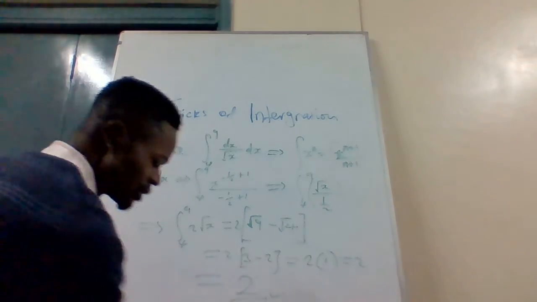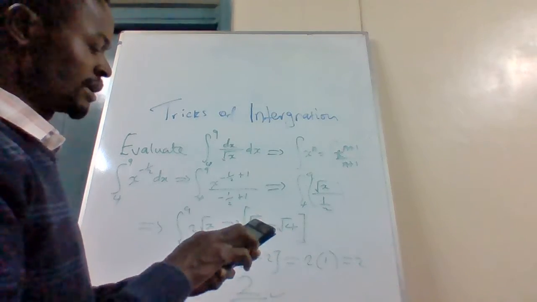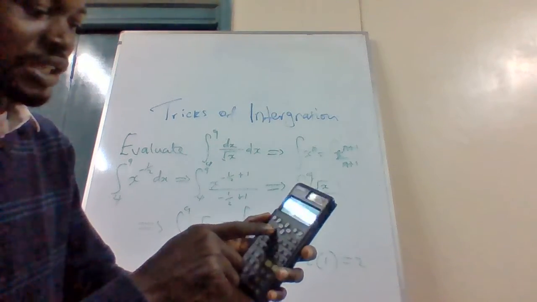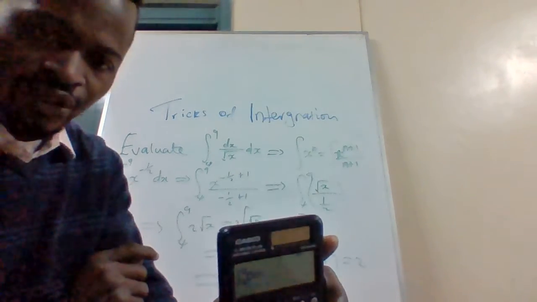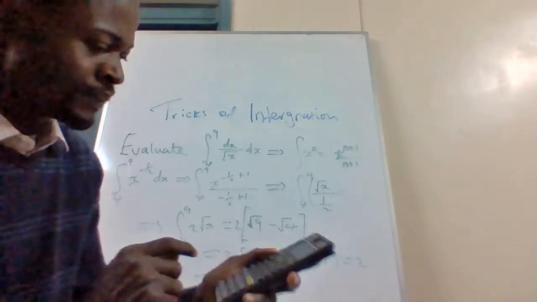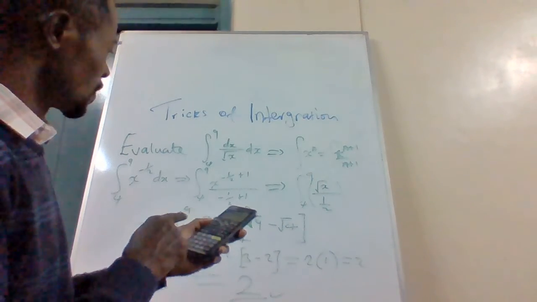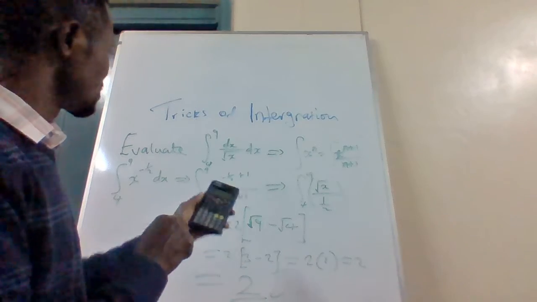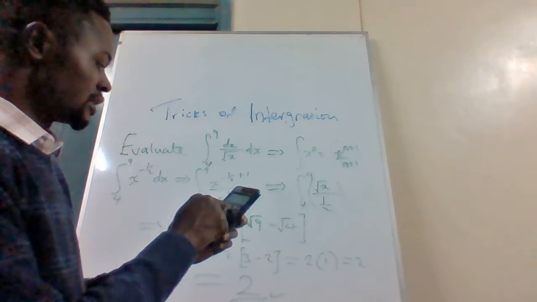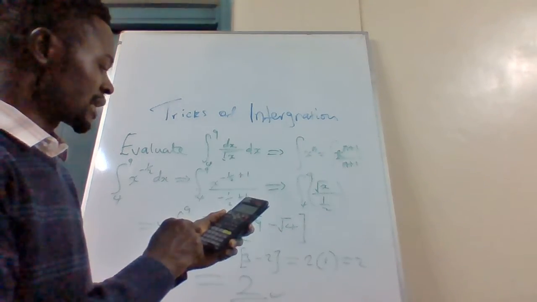You can as well put it in your calculator to confirm your answer. Put your integral, then put your fraction: instead of dx, you put 1 divided by root x.